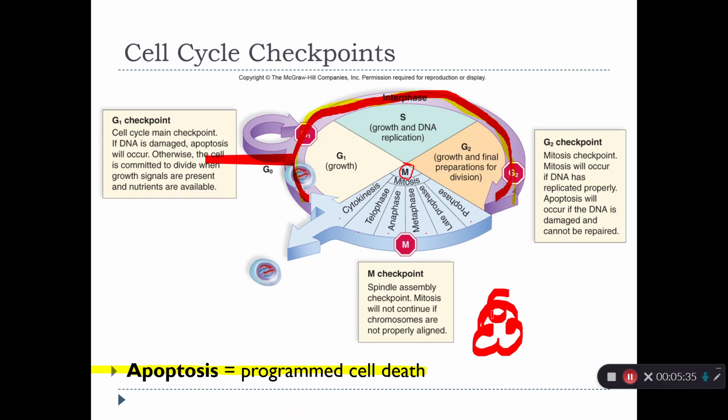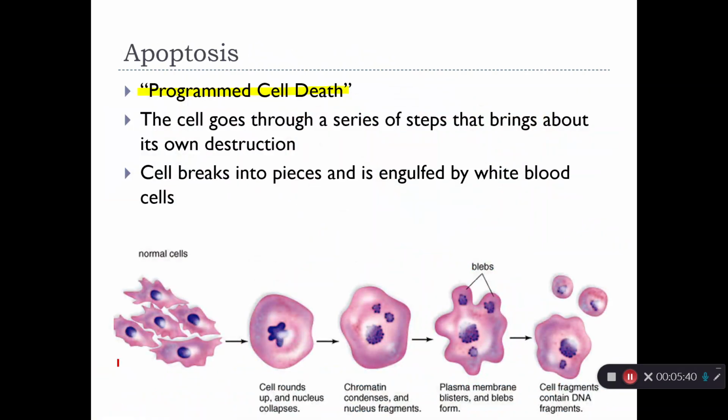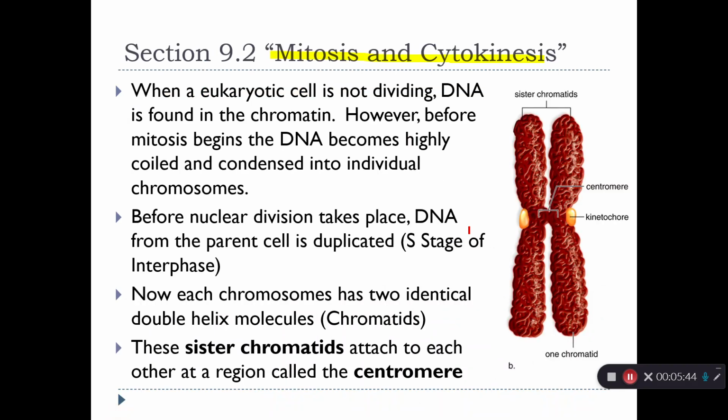That's loosely coiled DNA, like spaghetti and meatballs. When it gets ready, in prophase, it will begin to coil up tightly into the shape of a chromosome. That's what it's showing you right there. Before the mitosis takes place, in the S phase, the DNA is replicated.